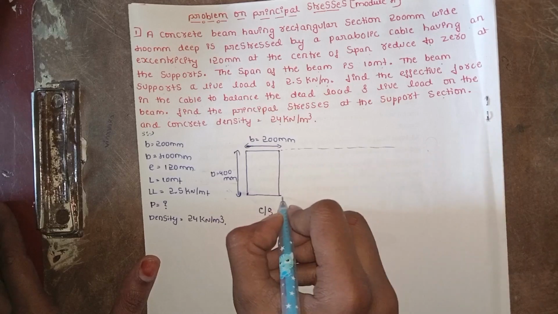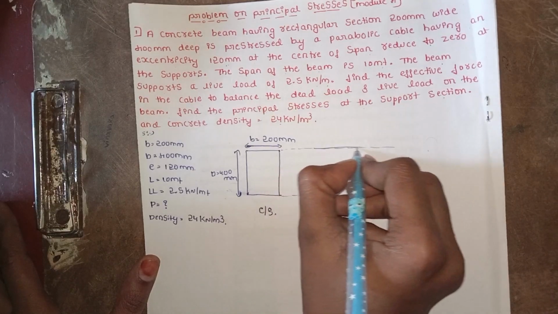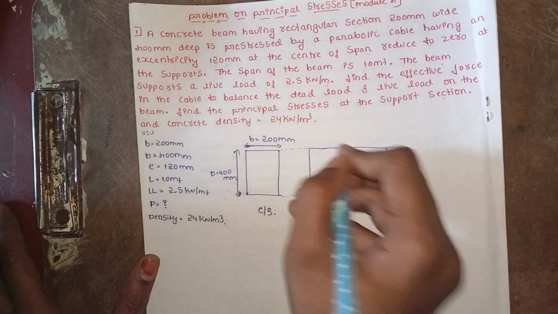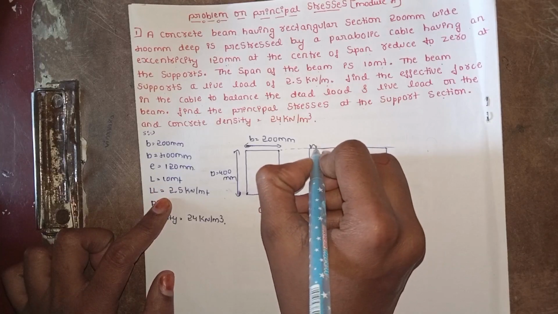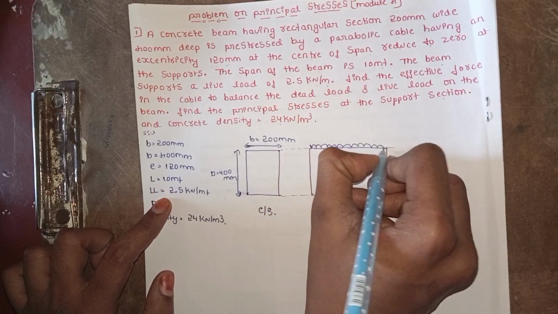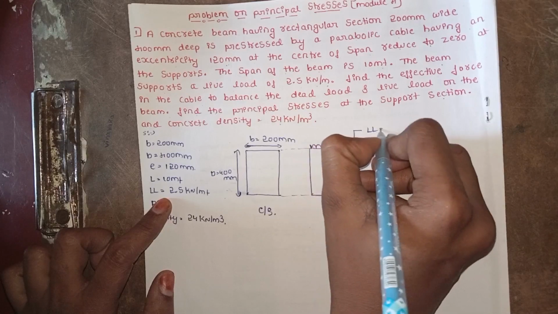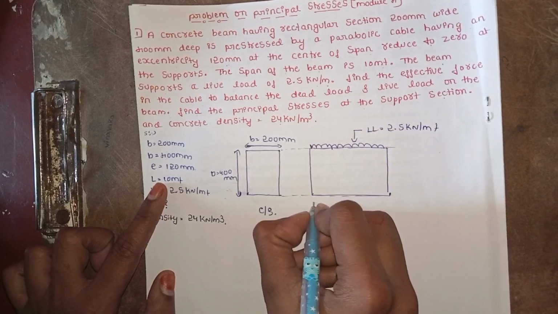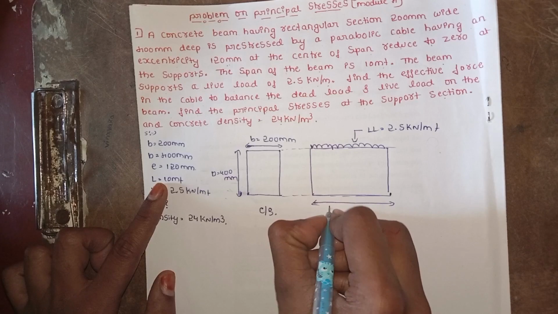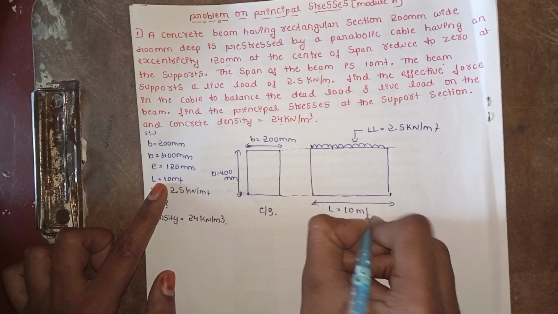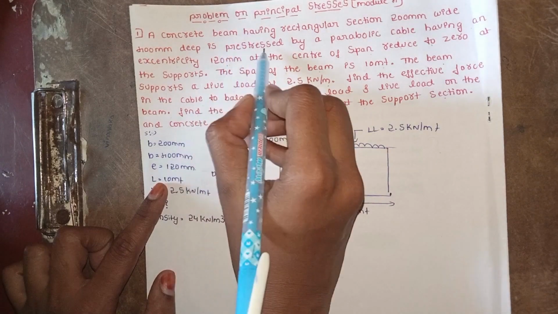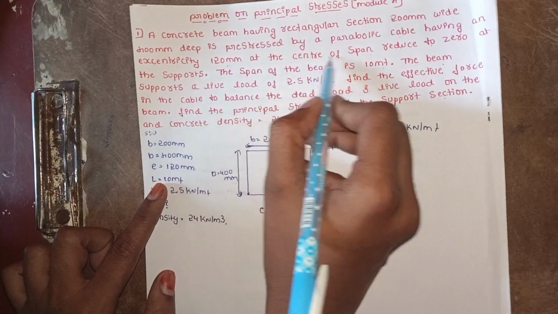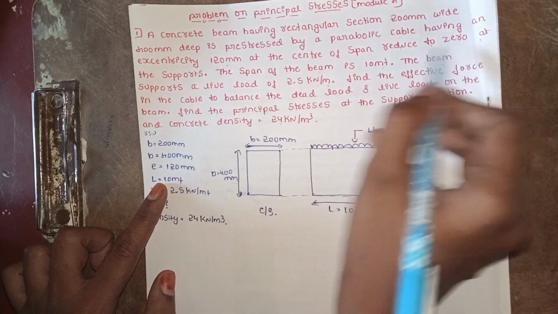Okay, this beam is carrying a UDL, means live load equal to 2.5 kilonewton per meter and the span length L equal to 10 meter. Okay, and is prestressed by a parabolic cable having an eccentricity of 120 mm at the center of the span, reduced to 0 at the support section.